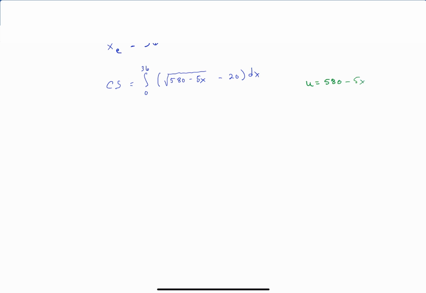But I'm going to put it off to the side so that it doesn't interrupt the flow of my integration. We're going to let u be the thing inside the square root, 580 minus 5x. So du will be minus 5 dx, and that tells me that I should put in a minus 1/5 du for the dx.